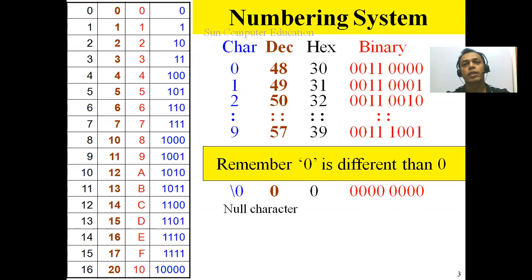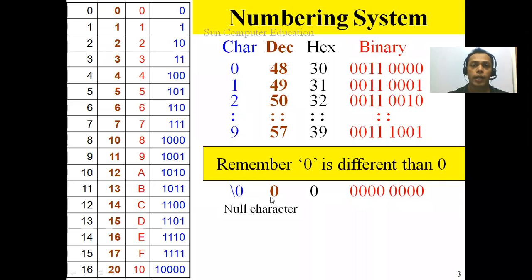If somebody has learned C previously, and if you know string programming, you should know strings always end with \0. Now \0 is an escape character called the null character. This null character means \0 has an ASCII value 0. Obviously the hexadecimal value is 0 and binary is everything 0. If all the bits are 0, then that really means 0.